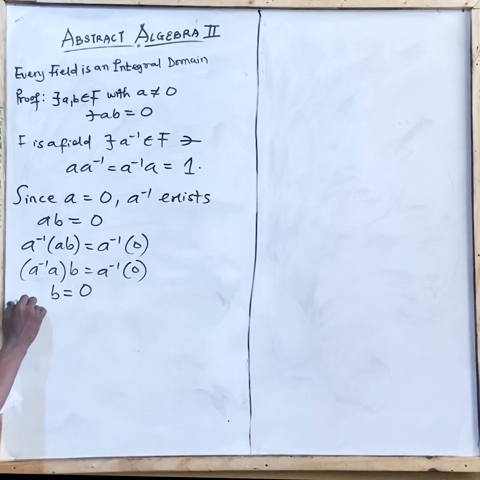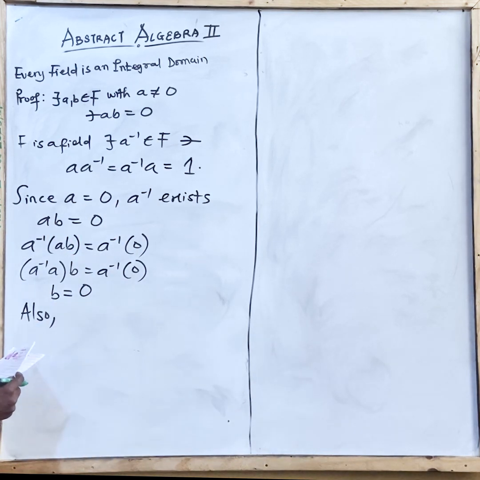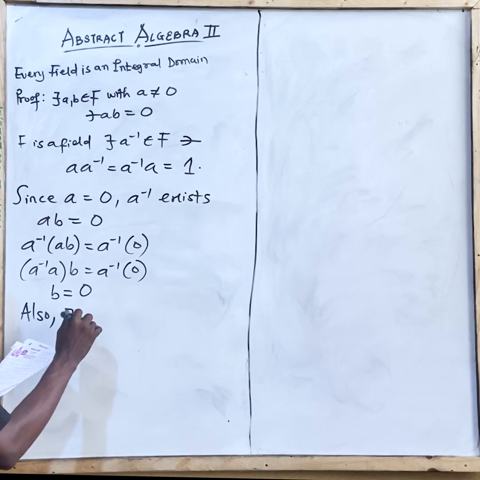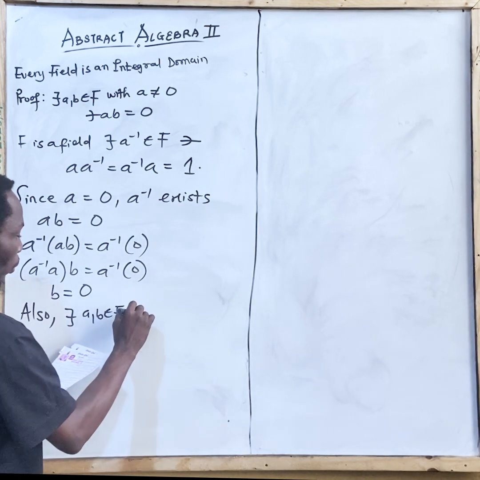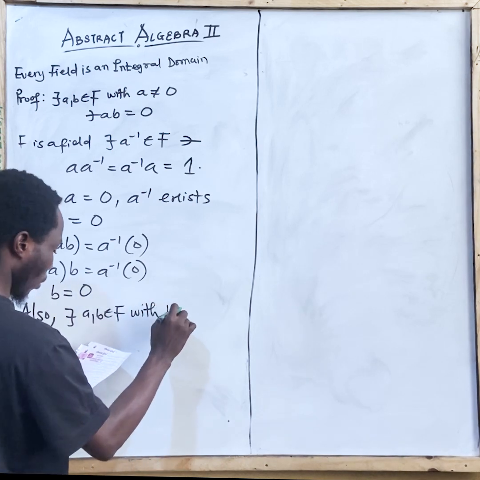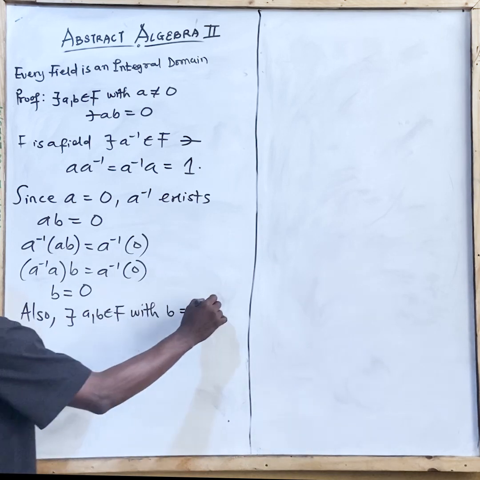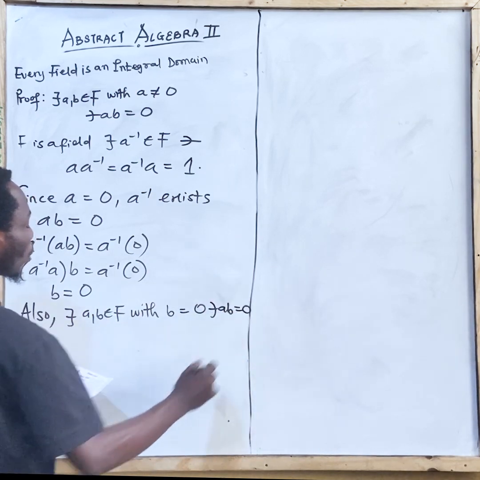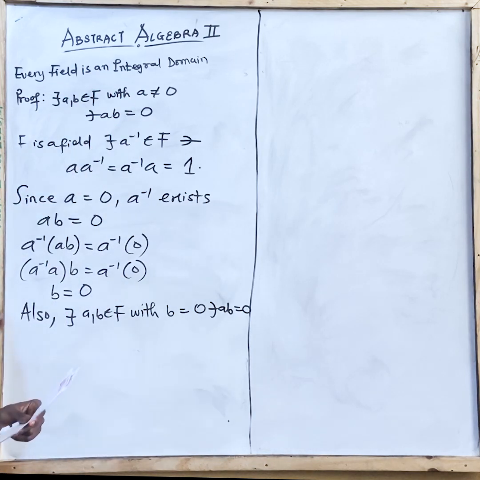Also, I'm going to do the converse, that is, if B is not equal to 0, A should be equal to 0. So there exist A, B members of F with B not equal to 0, such that AB equals 0. Remember, if you want to prove that a field is an integral domain, you need to know what they're asking you to do.